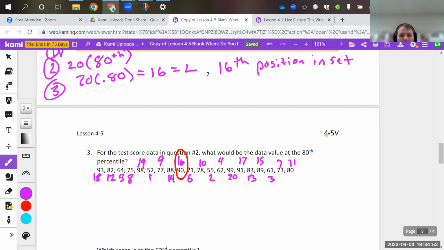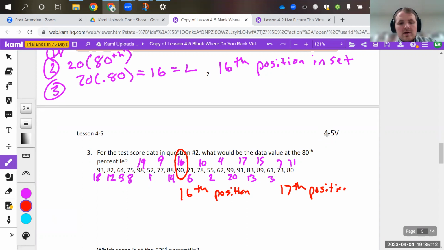So what would the data value be at the 80th percentile? We need to look at the 16th position and the 17th position. The 16th was 90. The 17th was 91.